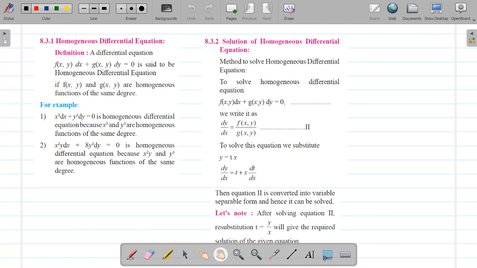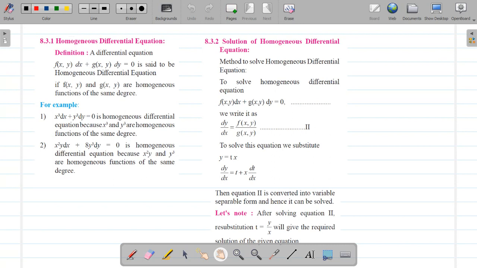Same degree means, for example, if the equation is given as x cube dx plus y cube dy is equal to 0, it is a homogeneous differential equation because x cube and y cube are homogeneous functions of the same degree. The index of x cube is 3, and the index of y cube is also 3, so that is the degree of that particular term.